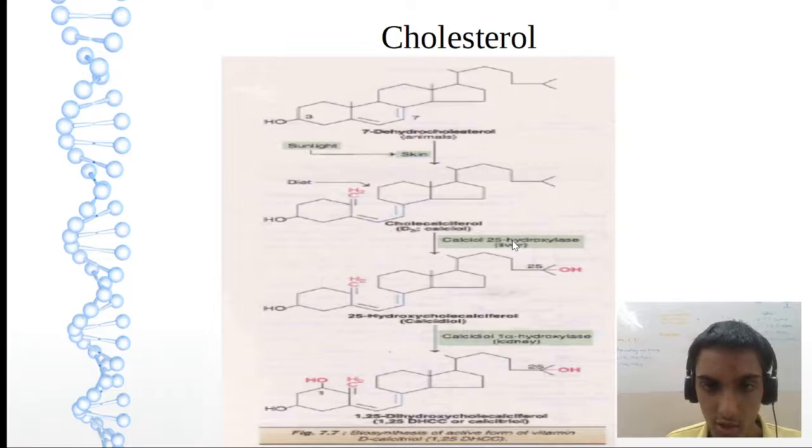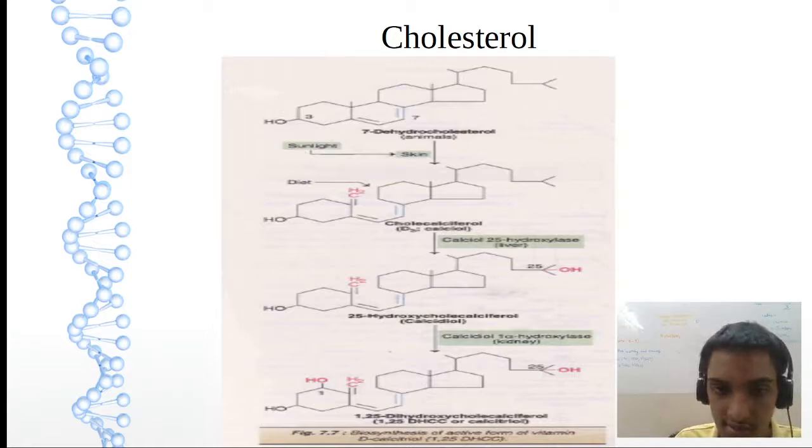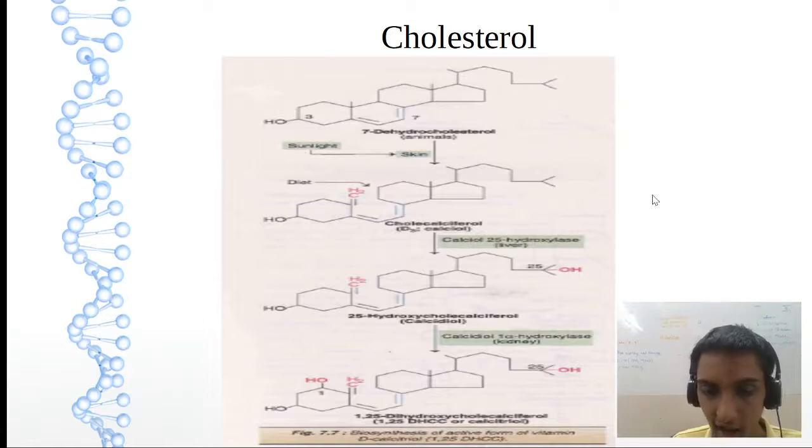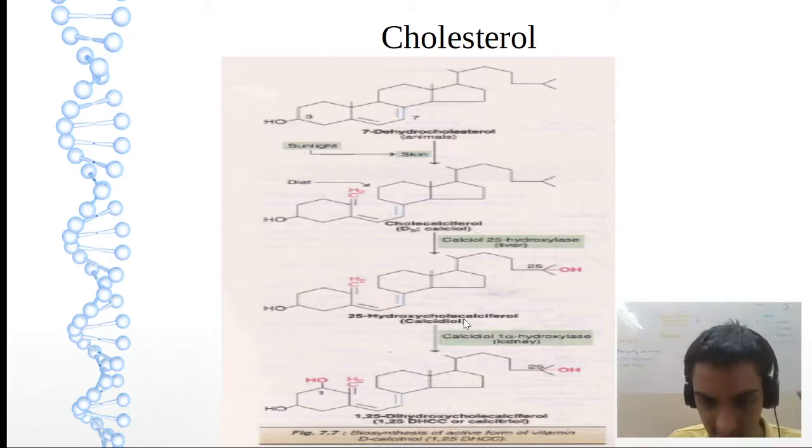Let us see vitamin D. So in the skin of the animals, like we are a social animal, right? In our skin, 7-dehydrocholesterol on sunlight will get cholecalciferol, vitamin D3. Then on 25 alpha hydroxylase will get 25 hydroxy cholecalciferol, or simply 25 OHCC. Then on 1 alpha hydroxylase 1,25 DHCC.